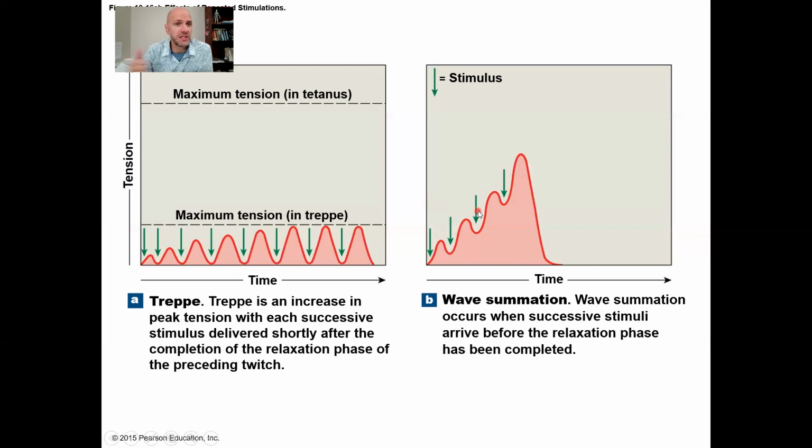Now the frequency has gone up, and therefore these green arrows are closer to each other, and it does not allow full relaxation in between. We almost relax, and then suddenly it goes up again. That happens continuously, and we get this wave summation. That is, over time, they're building tension that was not possible before because the frequency was too low.